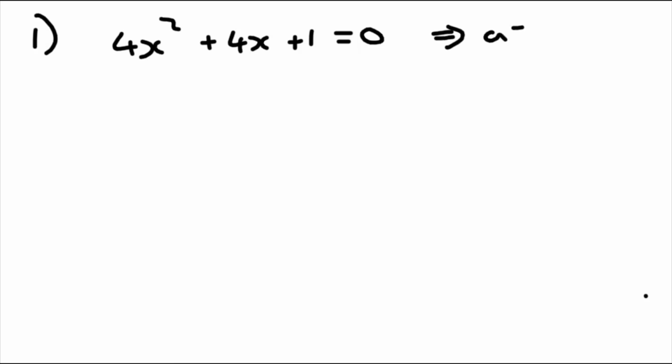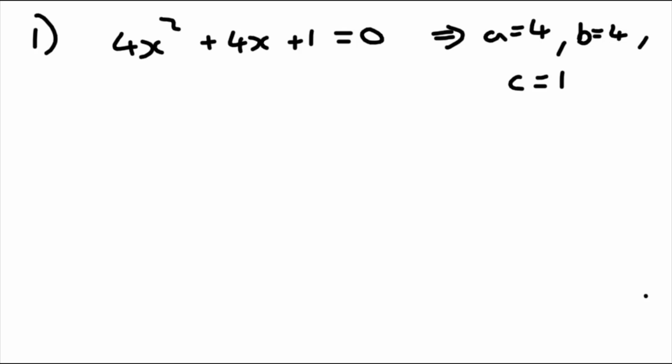The first one, let's take the equation 4x squared plus 4x plus 1 equals 0. Now for this, we'll see that a equals 4, b equals 4, and c equals 1.